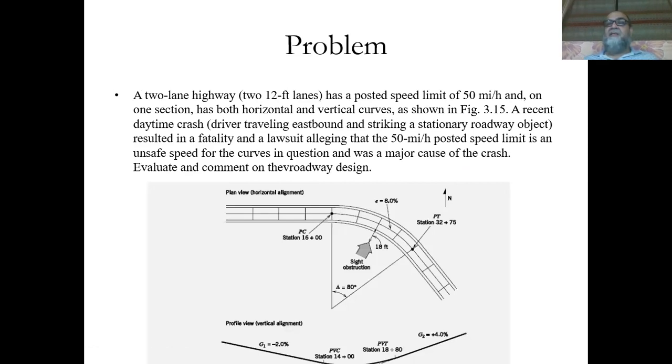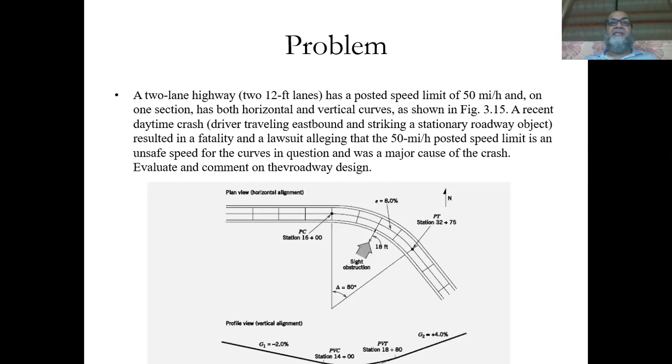This is the last of this alignment problem set, in which we want to solve horizontal and vertical curves simultaneously. Now the problem says a two-lane highway has a posted speed of 50 miles per hour, and one section has both horizontal and vertical curves.